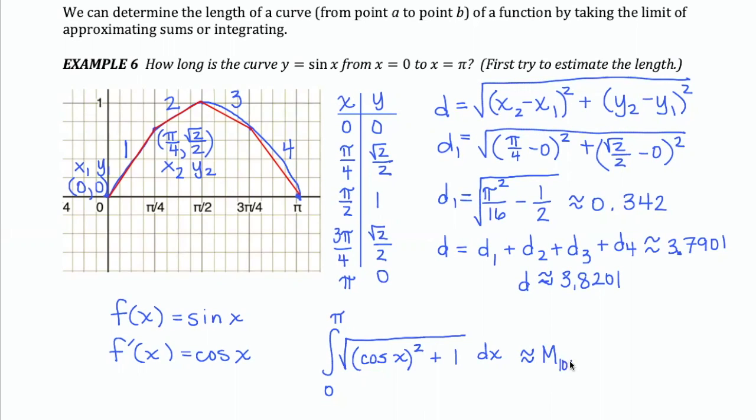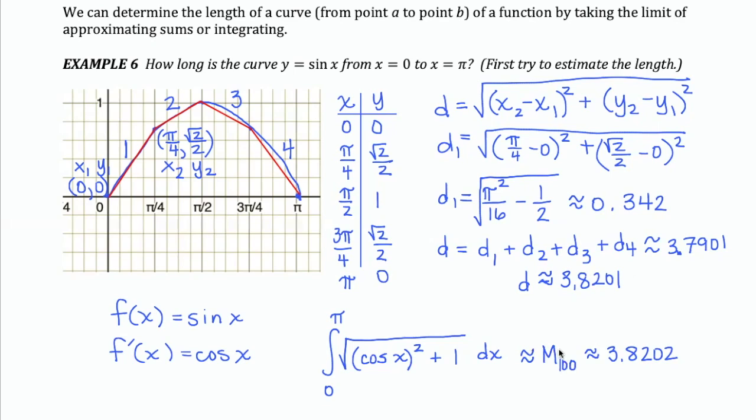And again, your book does 100 subintervals. So you would use a calculator like the Riemann sum calculator that we used before. And you'll find out that the length turns out to be 3.8202, which is pretty close to the distance formula approximation.